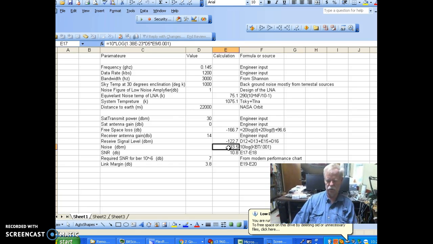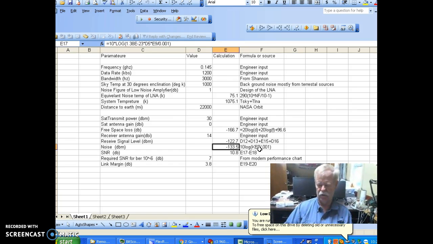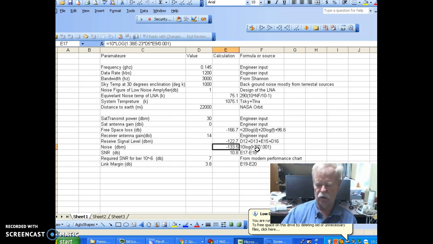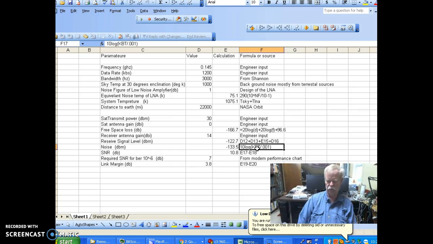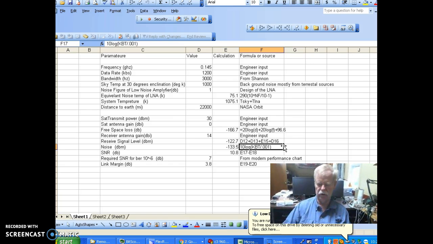The absolute power coming from a warm object is 10 times the log of Boltzmann's constant times the bandwidth in hertz times the absolute temperature in kelvins, and the formula highlighted in this slide is the decibel equivalent of that.